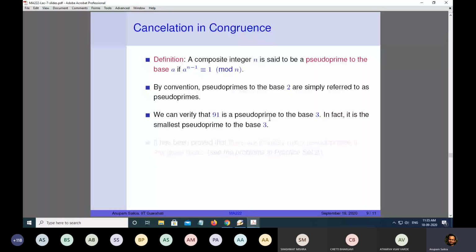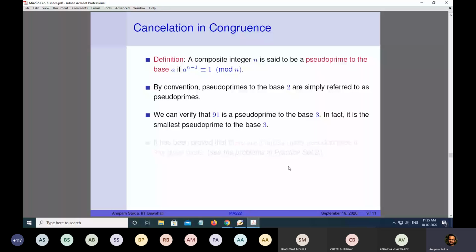What remains is 84 plus 6, so we have to check that 3 to the power 6 is 1 mod 13. It's not difficult, because 3 to the power 6 is like 3 cube squared. 3 cube is 27, which is 1 mod 26 or 1 mod 13. So you can clearly see that 91 is a pseudoprime to the base 3.